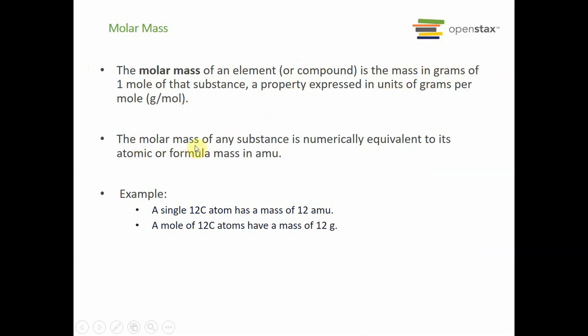The molar mass of any substance is numerically equivalent to its atomic or formula mass in AMU. For example, a single carbon-12 atom has a mass of 12 AMU. A mole of carbon-12 atoms has a mass of 12 grams.